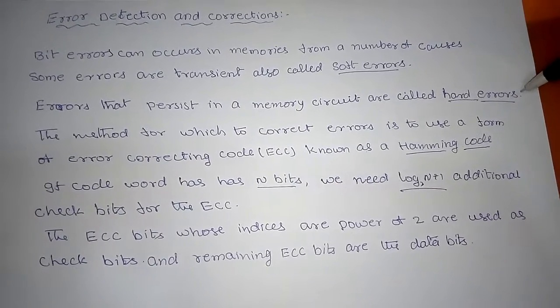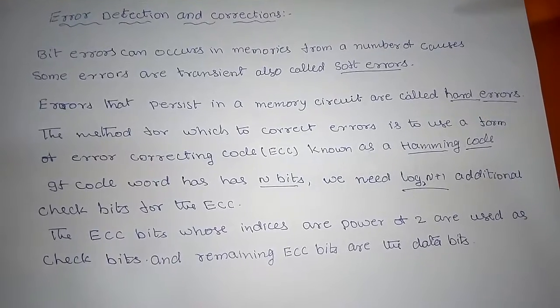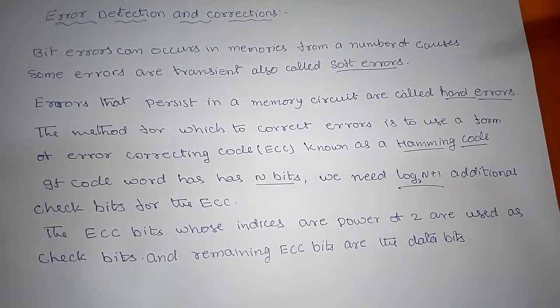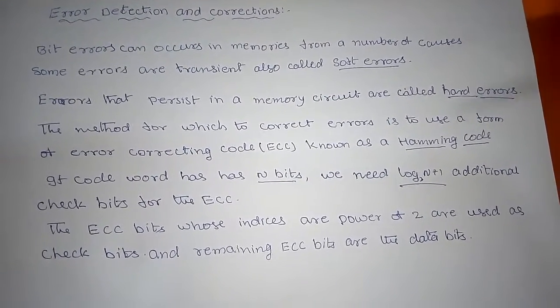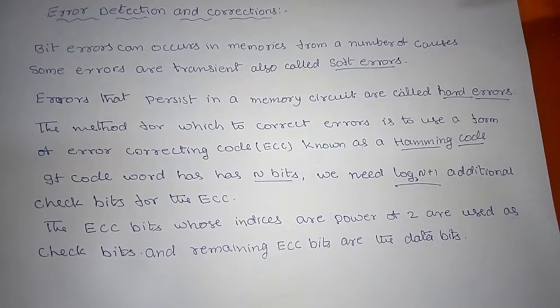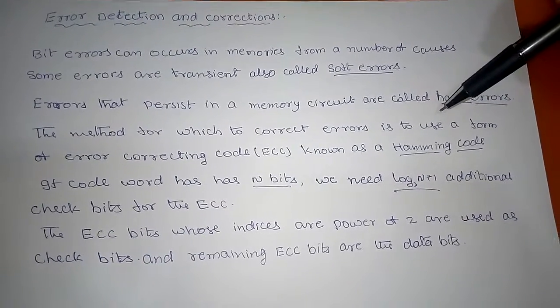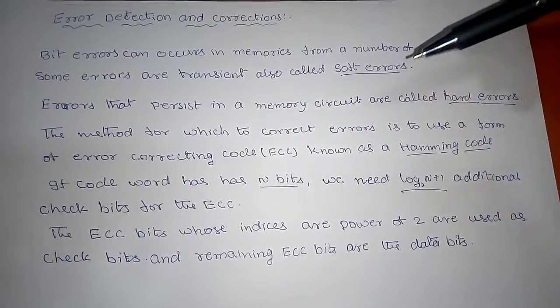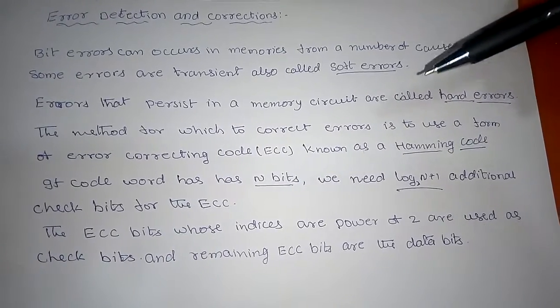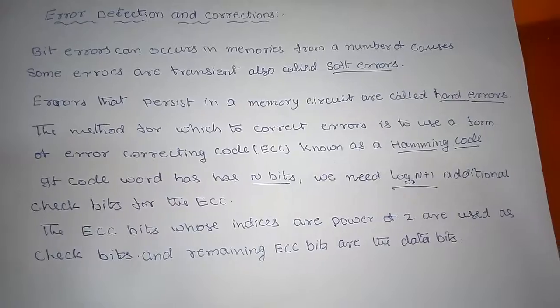Now think about the soft error. How is it possible to eliminate the error? For that, various methods are there. Among them, one method to correct the error is the error correction code, ECC, known as Hamming code.